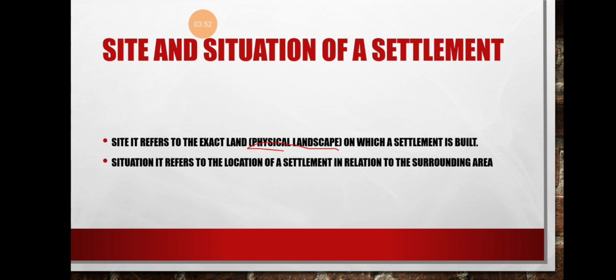Meaning that the site can be a river, and the settlement around that river is the situation. If the site was not there, the settlement may not occur. People move from different areas, therefore they settle around that site. The site influences the settlement.